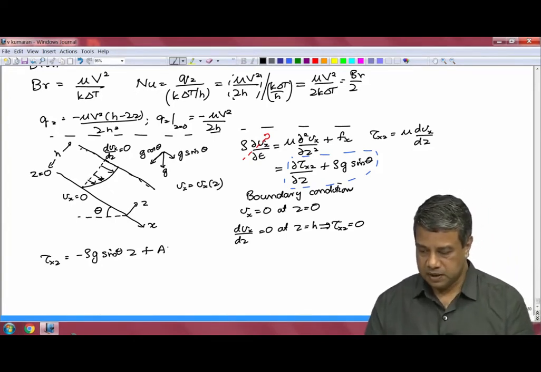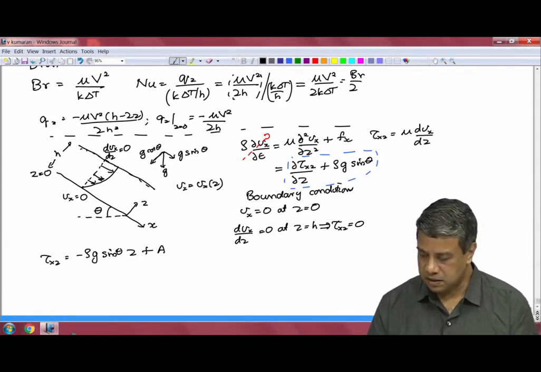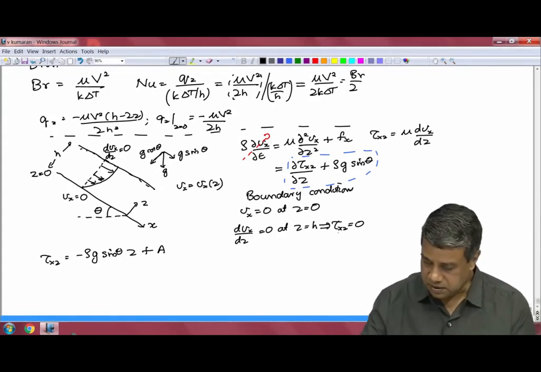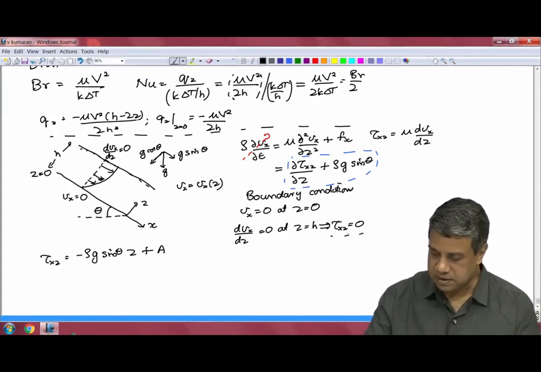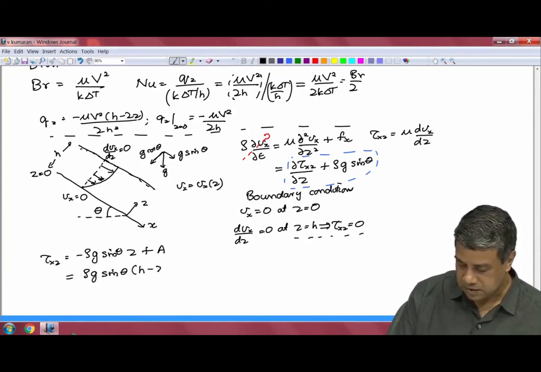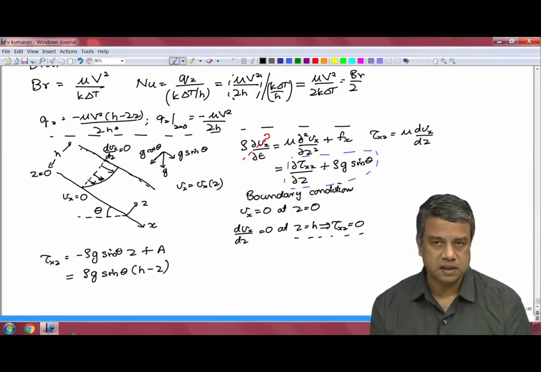That constant a is determined from the condition that tau xz is equal to 0 at z is equal to h. If I substitute that, it is quite easy to see, you will get rho g sin theta into h minus z. A just turns out to be equal to rho g sin theta into h.